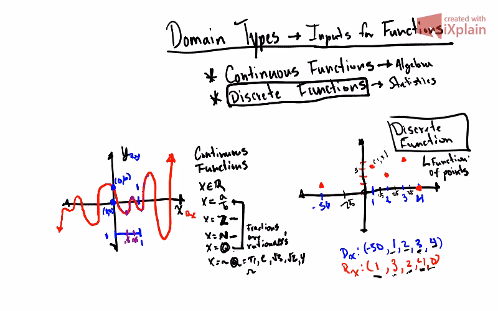When you get to Bernoulli distributions and certain types of statistical distributions based off the standard deviation and the crit values that you'll learn about, they take on discrete values, and they are considered a discrete function. So I hope this helps in understanding the different types of domains that exist within functions.